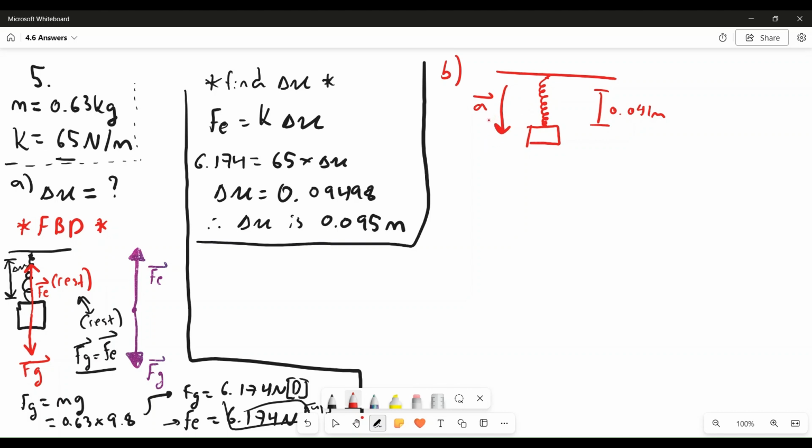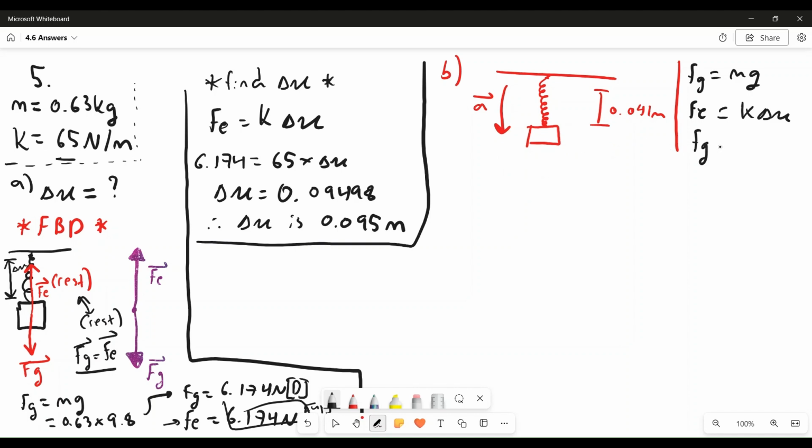Well, firstly, we need to remember the equation for the force of gravity, which is mass times gravity, and we also need to remember the elastic force equation, which is this. And something else we need to remember is that in this case, as it's moving down, because there is an acceleration, there is no static equilibrium, which means that one force is greater than another force.